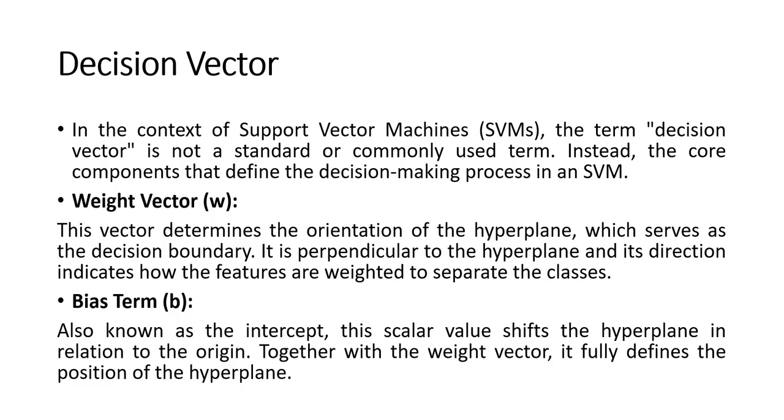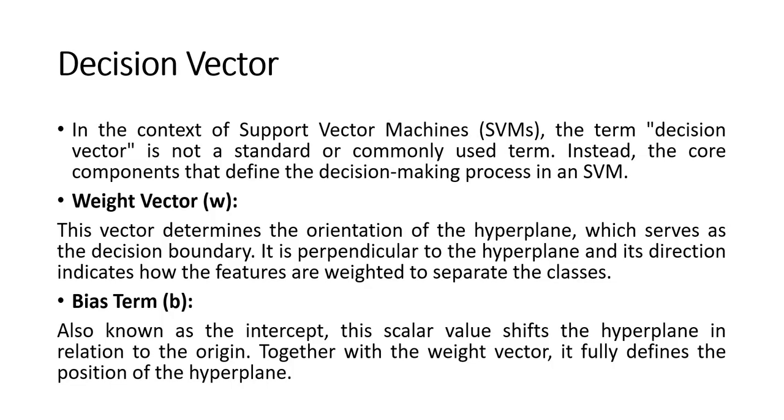Let's understand these concepts with a simple example we are taking. Number one, what is a decision vector? In support vector machines, the goal is to separate different classes of data using the best possible boundary that is called hyperplane.